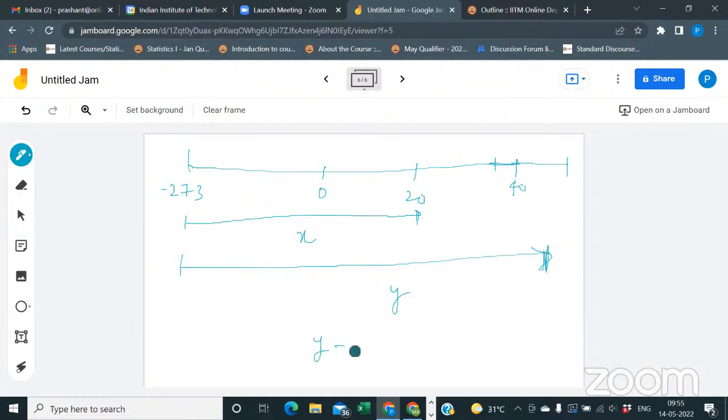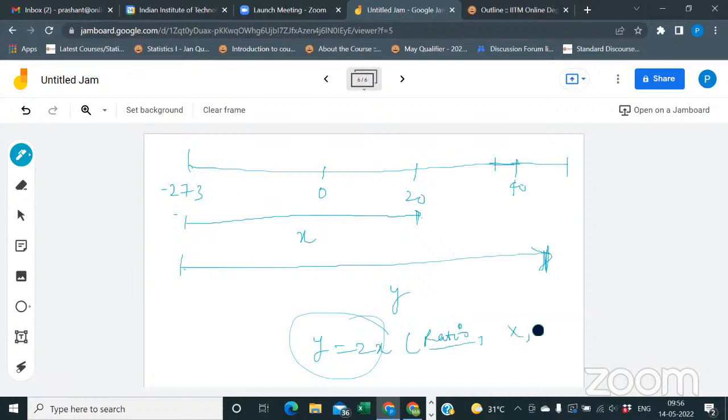Can I say y is 2 times x? Think about that. Can you say the distance from this to this is 2 times that from this to this? No, sir. You can't say. Right?